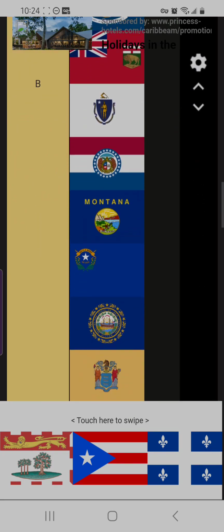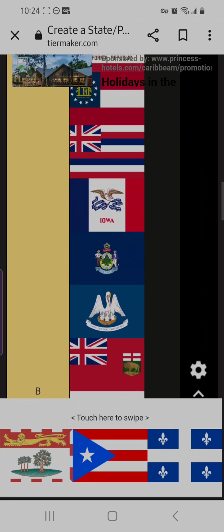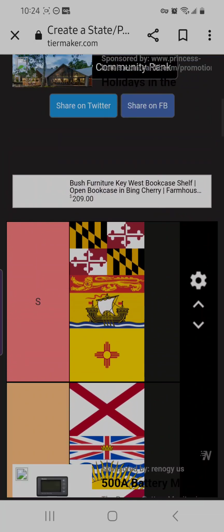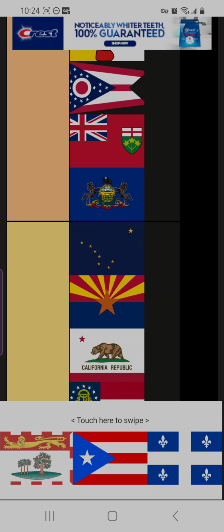Prince Edward Island. Ooh, this flag is like New Brunswick. Good. But I don't think it's as good as New Brunswick's flag. They did copy each other with the top part. With this tiger, I think.